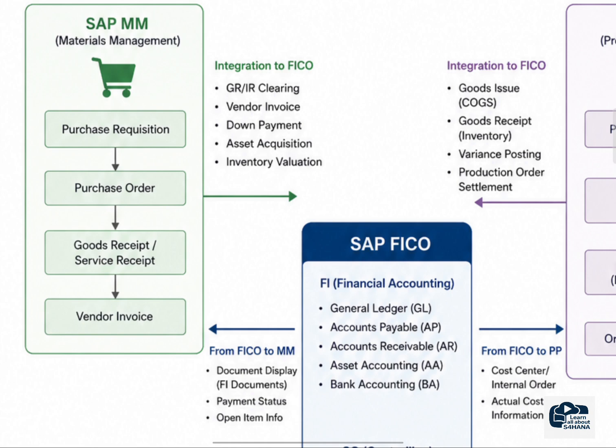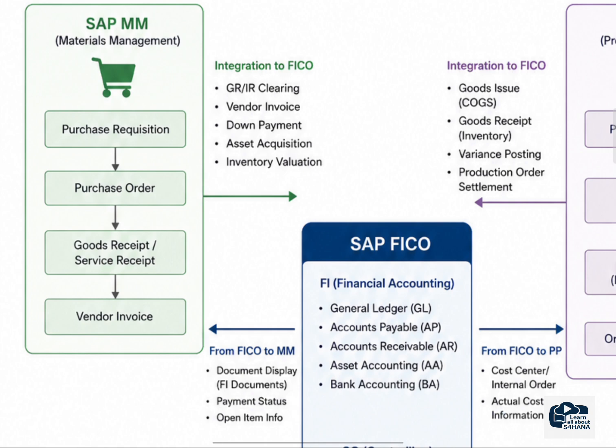As I said before, this step fits here. In simple business terms, the temporary liability is cleared when the invoice and the goods receipt match, and the actual vendor payable is created.